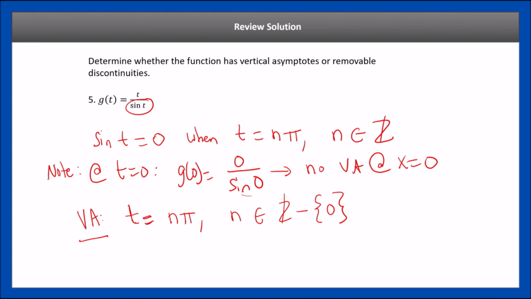Or in other words, we could say that n does not equal 0. We can say that n is in the set of all integers such that n does not equal 0. There's different ways to say it, right? But in any case, we're just saying that n cannot be 0.